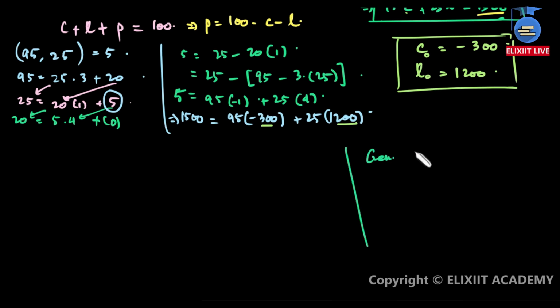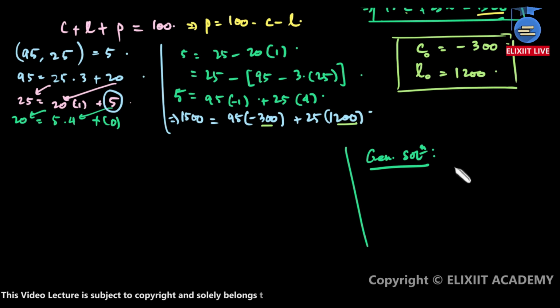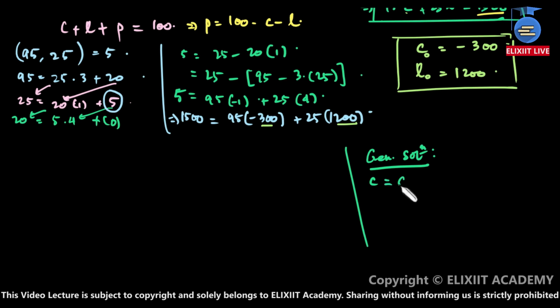The general solution of a Diophantine equation Ax plus By equals C, or in this case 95C plus 25L equals 1500, is C equals C naught plus B by D into T, where D stands for the GCD of A and B, and L is L naught minus A by D into T. We have discussed this general solution.